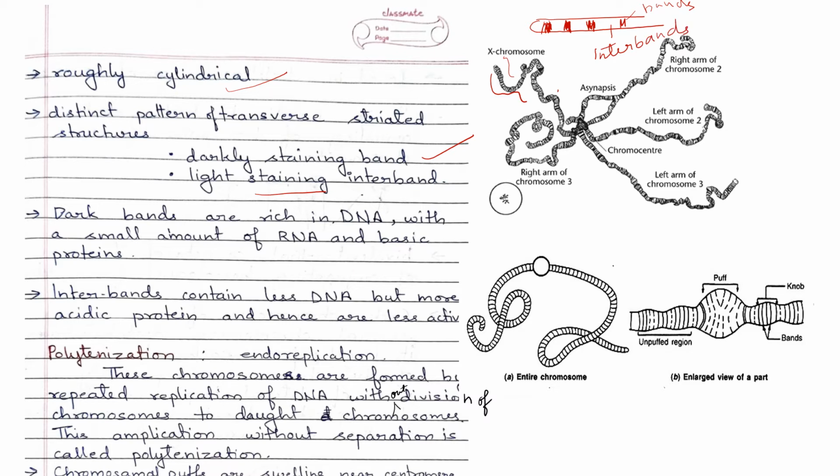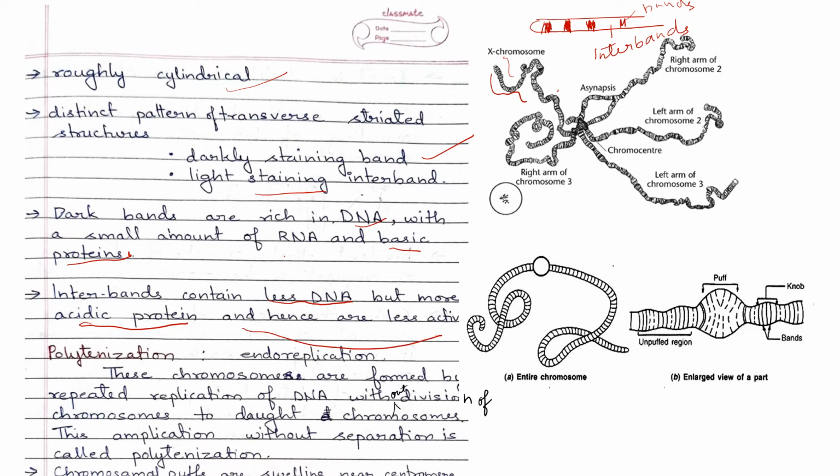Now the dark bands consist of DNA. They are rich in DNA with a small amount of RNA and basic proteins, while the interbands contain less DNA and more acidic protein, and because of this they are less active.